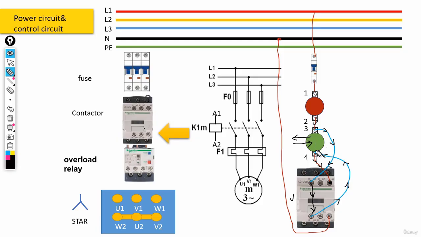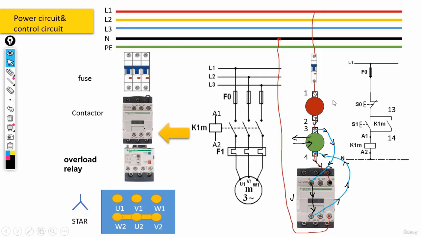Alright, now let's take a look at the wiring diagram or the electrical symbols that we have for such circuit. As you can see, we have the contacts here, 13 and 14. Talking about these two.